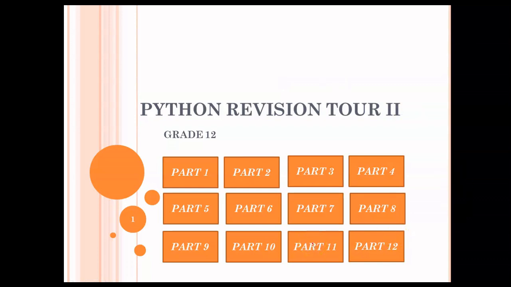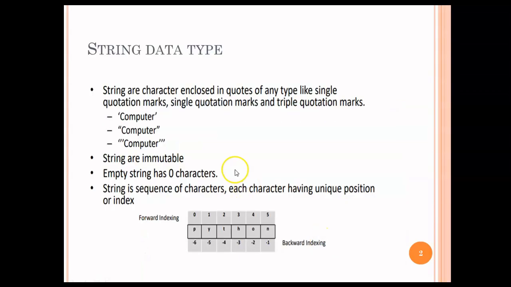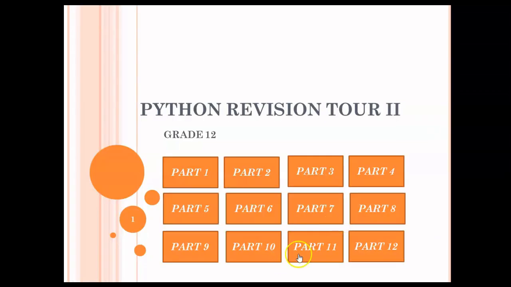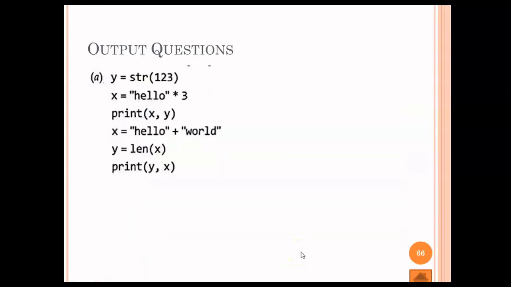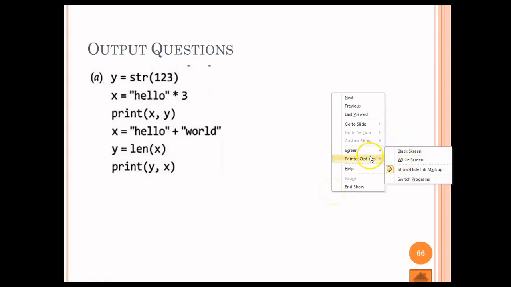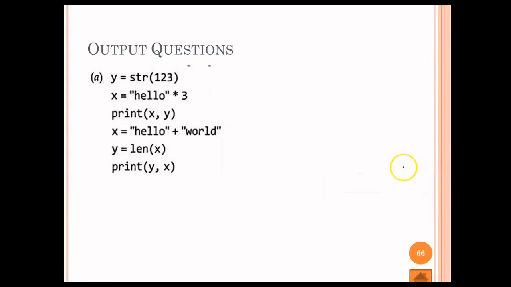So the first question: y is equal to str of 123. You know very well that 123 is a number, and they are converting this number into str, which is a string.